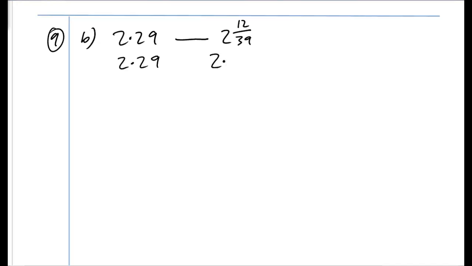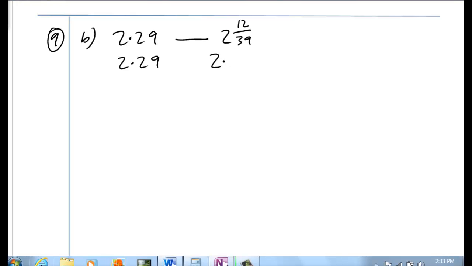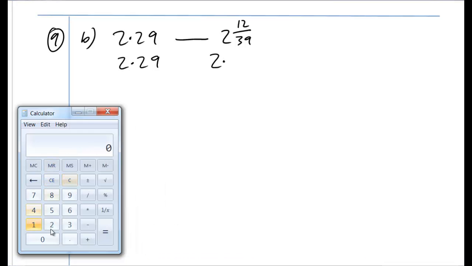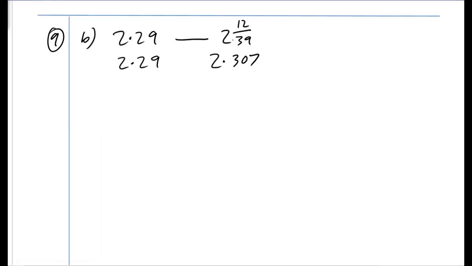Now get your calculator and go 12 divided by 39 to convert that into a decimal. So 12 divided by 39 equals 0.307. So this number here is 2.307. We can see that 2.3 is bigger than 2.29, so we have our symbol going that way. So this is less than that.